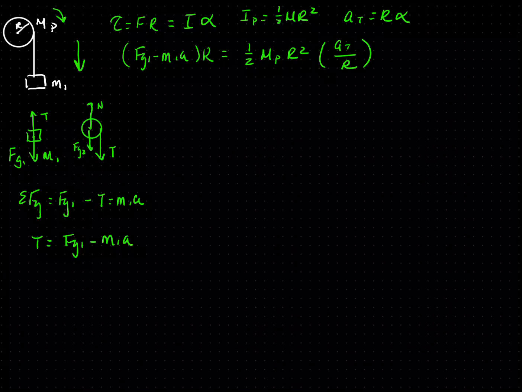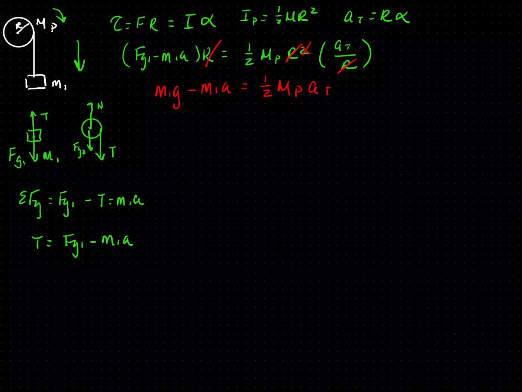And I'm going to do some simplifying here before I solve for A tangential. The r here cancels out with the r here. There's an r on top and an r on bottom, so they cancel out. So Fg1 becomes M1G minus M1A. This is equal to 1/2 the mass of the pulley times the tangential acceleration.